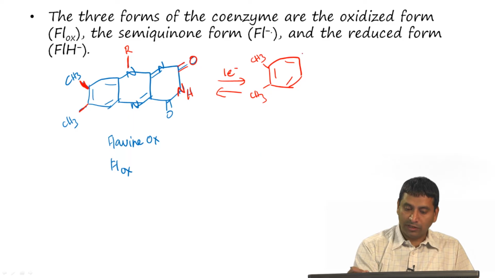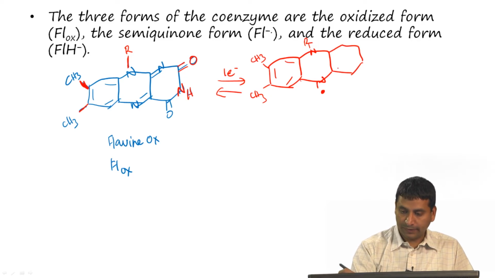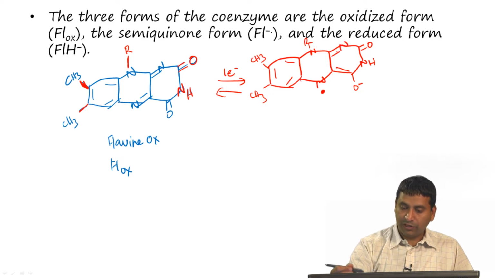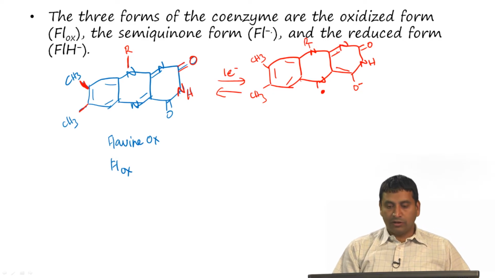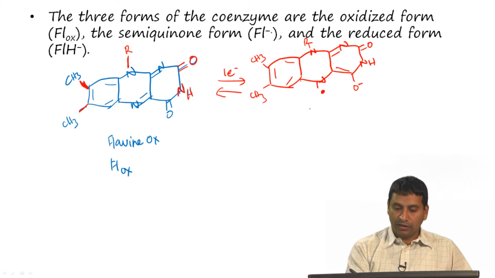The benzene ring here remains the same, and the nitrogen over here picks up 1 electron. This nitrogen remains the same, and you have O minus here, NH here, C double bond O, this nitrogen remains the same, this nitrogen remains the same. So, this intermediate has a 1 electron here, as you can see, and this is called Fl dot minus.